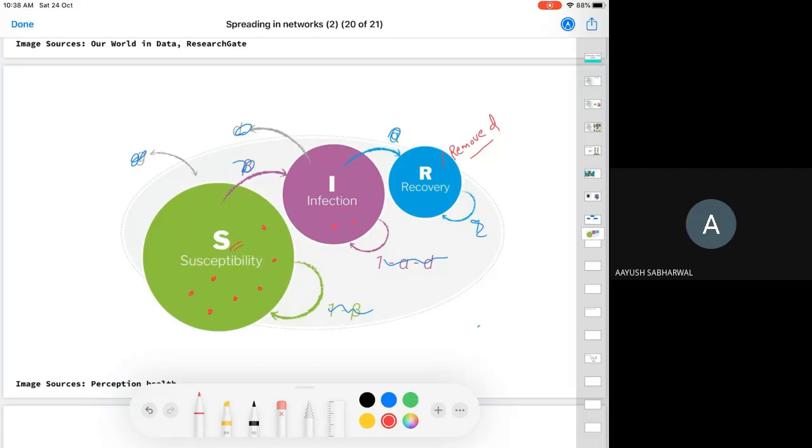So once you have this infection, it won't infect you again. So all those people who were infected and then recovered come into this recovered chamber. Once a person comes in the recovered chamber, he can no longer get infected and he can no longer infect other individuals.